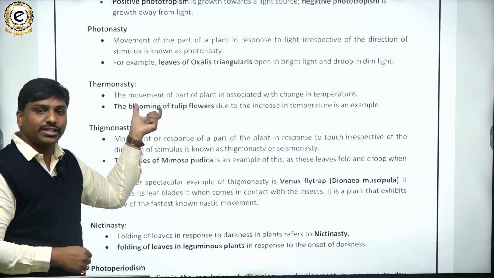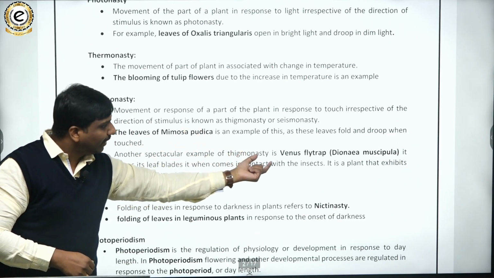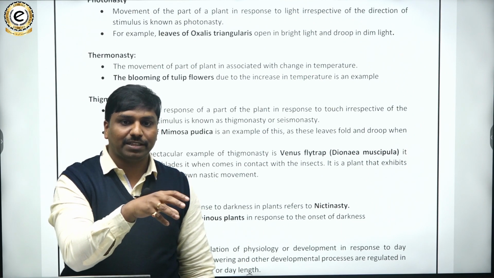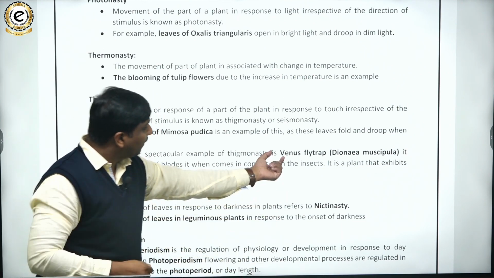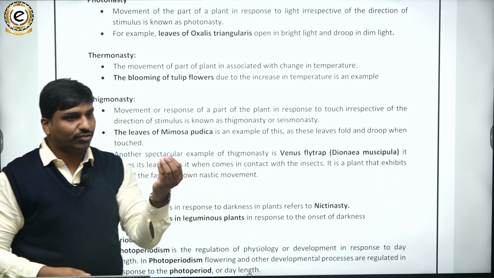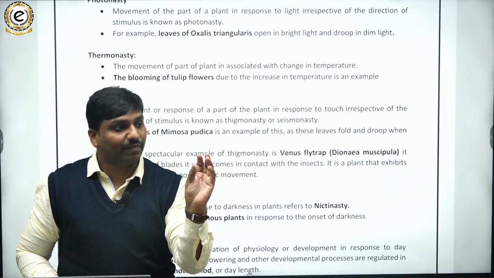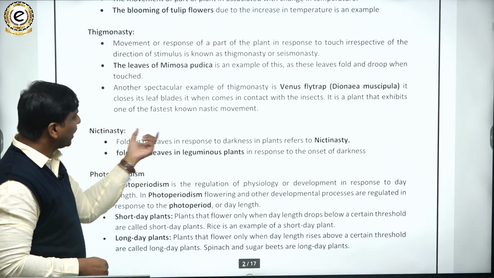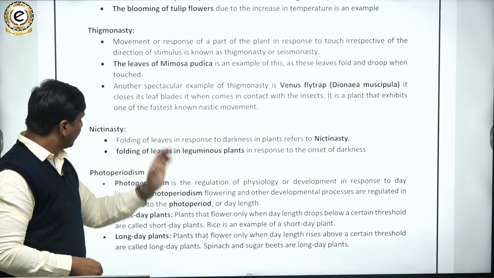Then thigmonasty, Mimosa pudica and Venus flytrap. Do you remember the pitcher plant or Nepenthes? The pitcher plant also catches various things, like the Venus flytrap. That is also another example. And nyctinasty, some leguminous plants will show some response. So that is one thing.